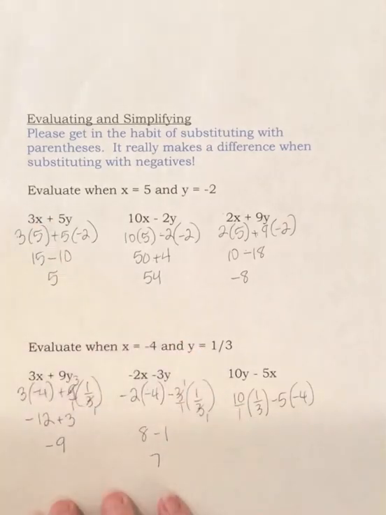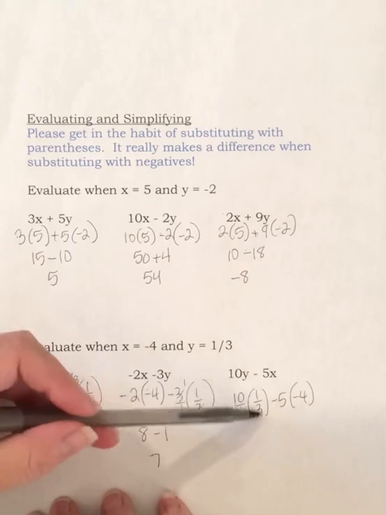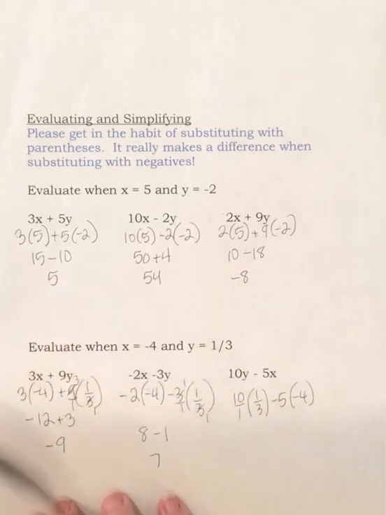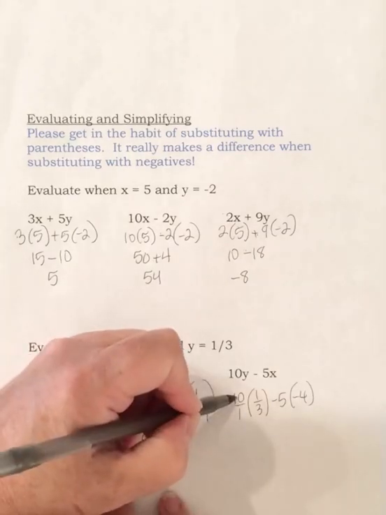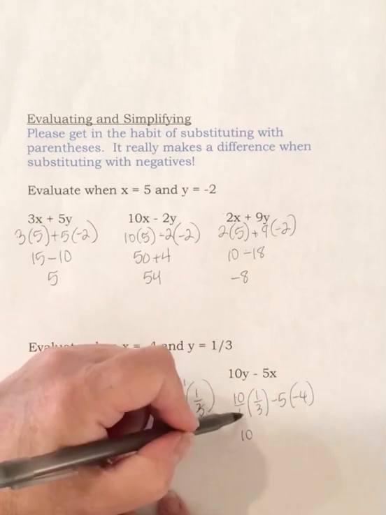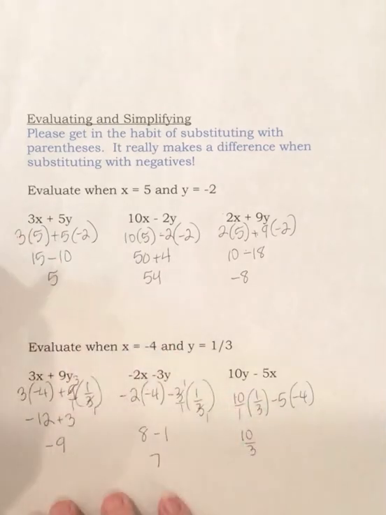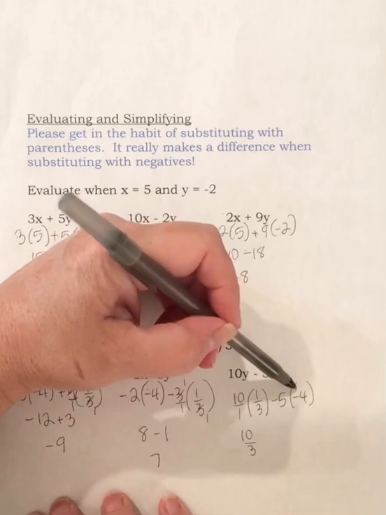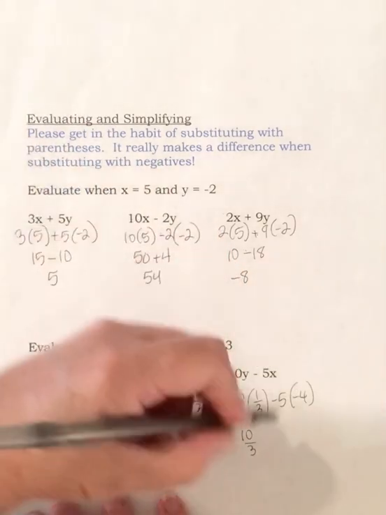I'm going to put my over 1 right there so I have a fraction. I'm looking to see if I have any common factors here, and I do not. So I can't cross-cancel anything. I'm just going to multiply the fraction. 10 times 1 is 10. 1 times 3 is 3. Negative 5 times negative 4 is positive 20.